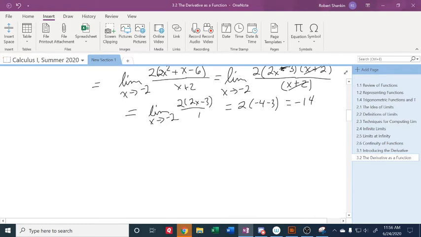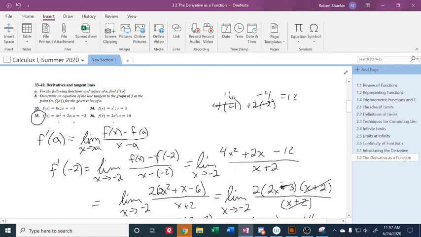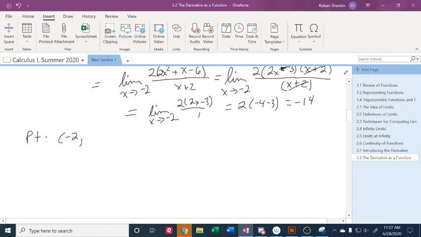So the point is negative 2, and when I plug negative 2 into this function, I'm going to get 16 minus 4, which is 12. And I'm going to need a slope.